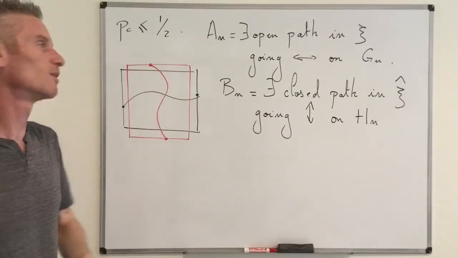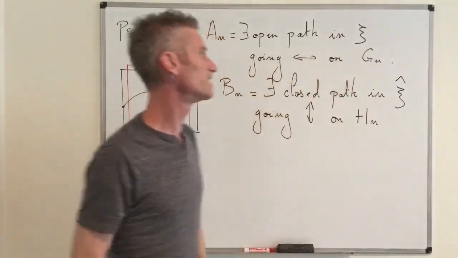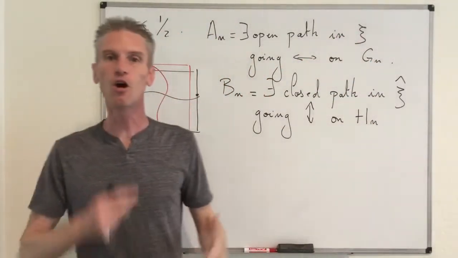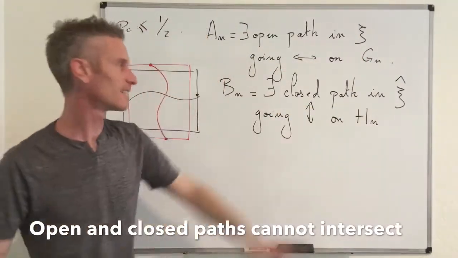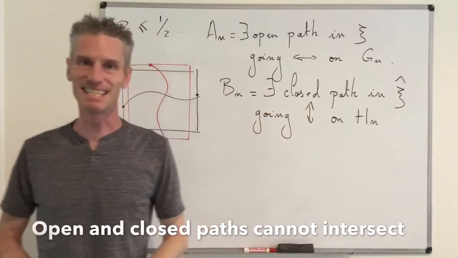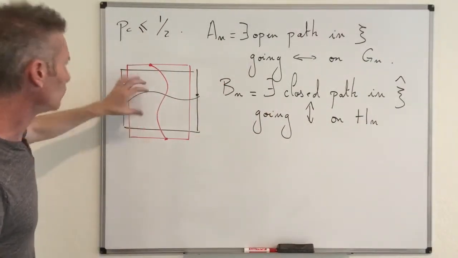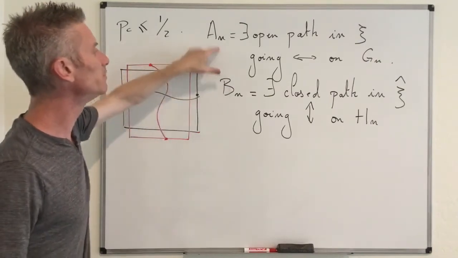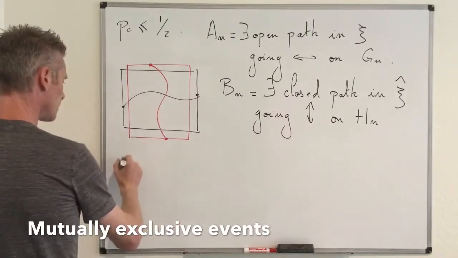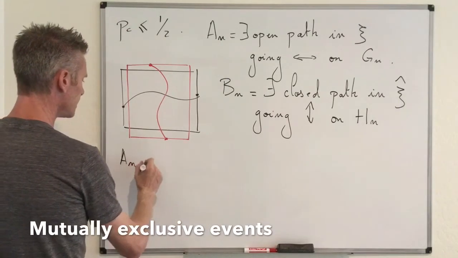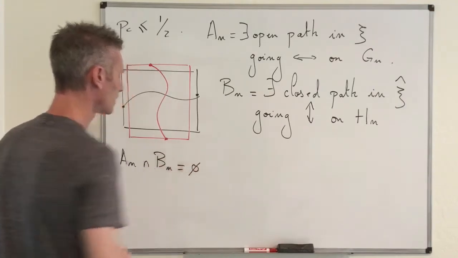And why is that? Well, because the way we define the coupling between those two processes is in such a way that an open path in xi cannot intersect a closed path in xi hat. So that means that this feature is impossible, which also means that those two events in fact are mutually exclusive. So I'm going to write that. So first thing we can say is that An intersection Bn is equal to the empty set.